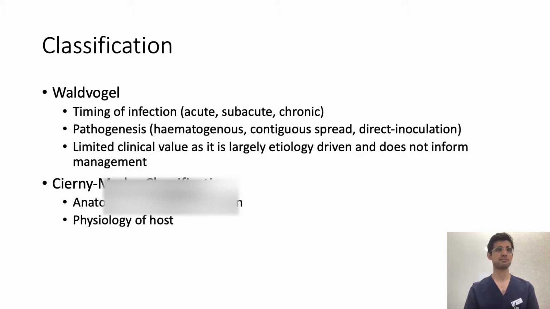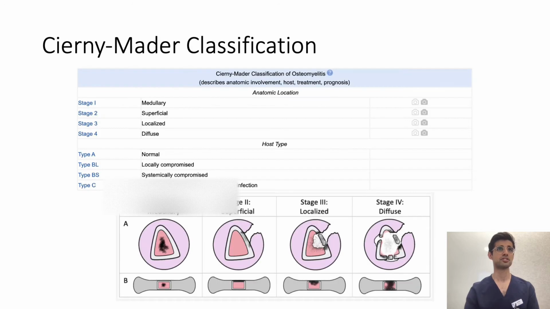There's another major classification system that's thrown around, but again, its clinical value and how we use it to direct our management isn't all that useful. It breaks the classification down into the anatomical location of the infection in the bone, as well as the physiology of the host.